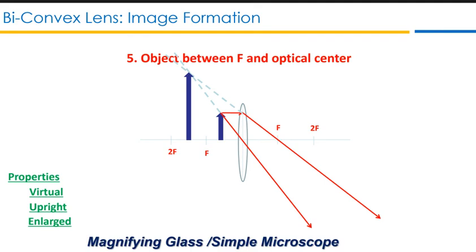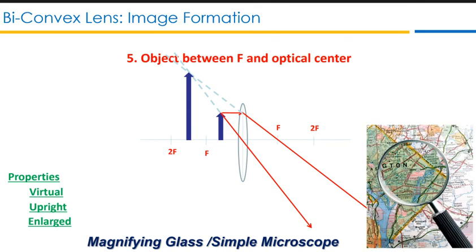So for a magnifying glass, what we do is we bring the magnifying glass closer to the object, and the object is the map. So when it's closer to the object, it shows us a larger image, but inside the lens only, not anywhere else. So the magnifying glass actually makes a virtual image, and it's of the same orientation, so upright.